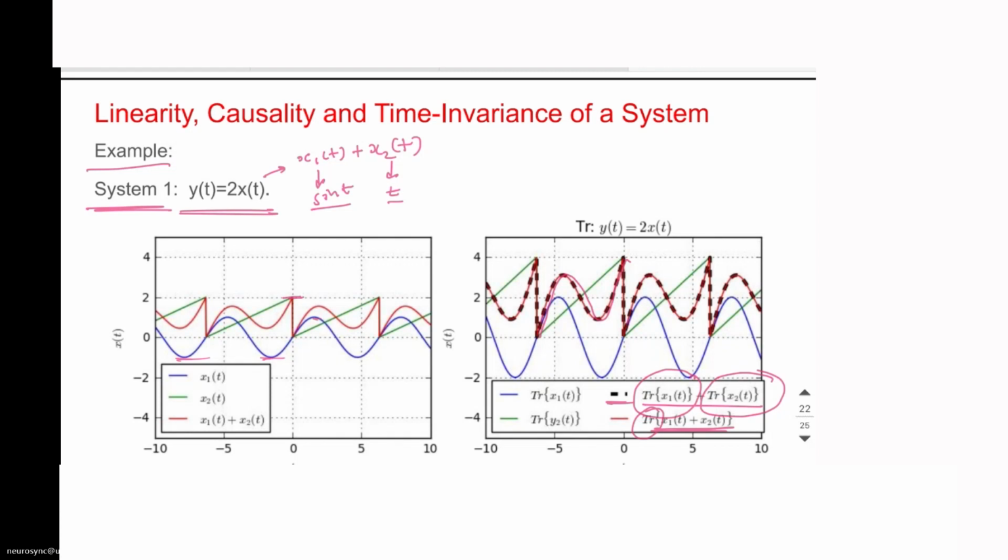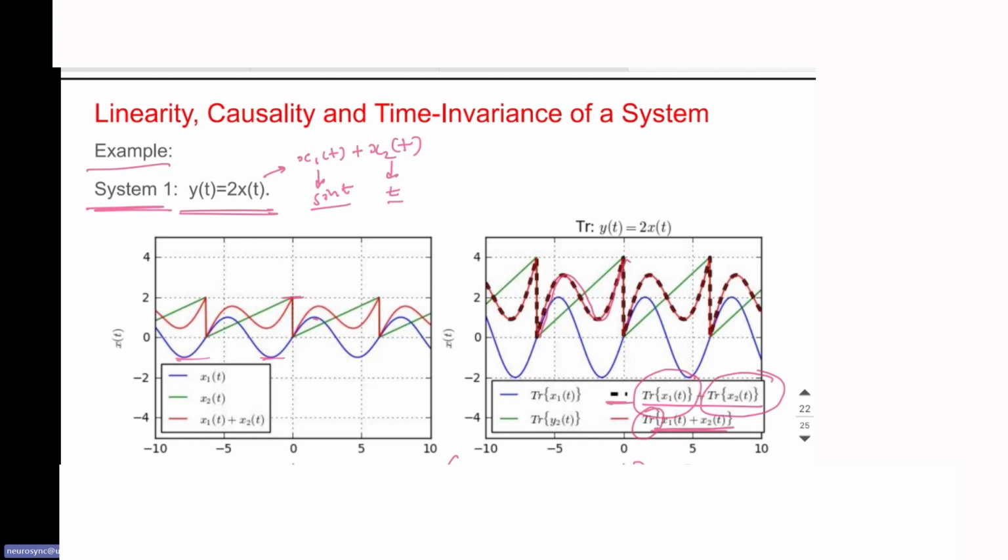2 of x1t plus x2t, what will you get? 2 of x1t plus separate 2 of x2t. Okay, so which is nothing but the separate rule of transformation.